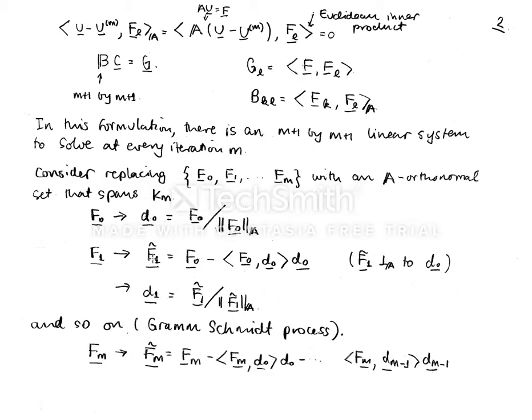So now this F1 tilde will be A orthogonal to Z0. Remember, there's an A inner product here. And then you normalize it. And so on. This is just the Gram-Schmidt process. And again, these should be A inner products here. So it's the same story as above.